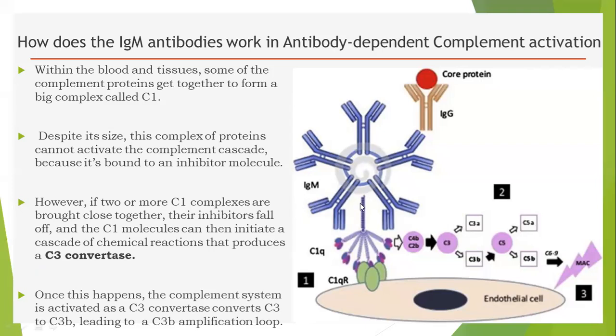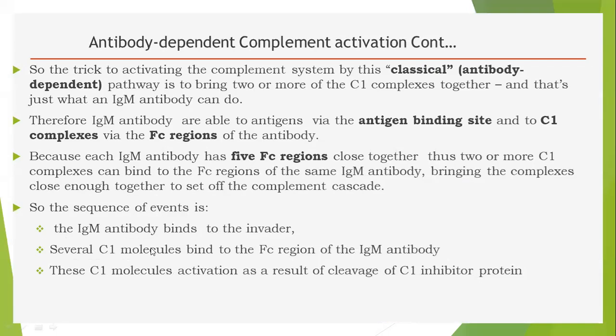Here we can see we have about 5 constant regions where we are able to bind complement, and once the complement is able to bind there, the components move closer to each other, dropping off the inhibitor, which is important in the activation of C3 complex. And like I said, this activates the complement system in terms of the classical system, which we often refer to as the antibody-dependent complement activation.